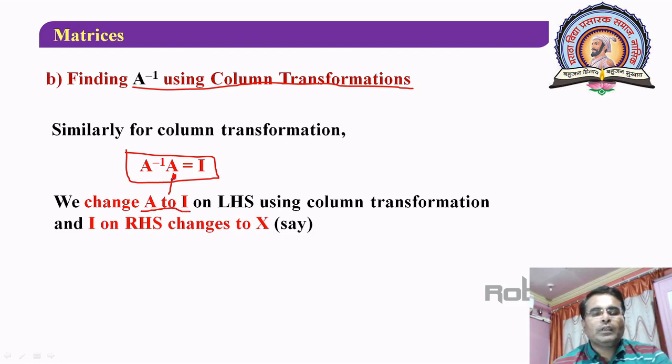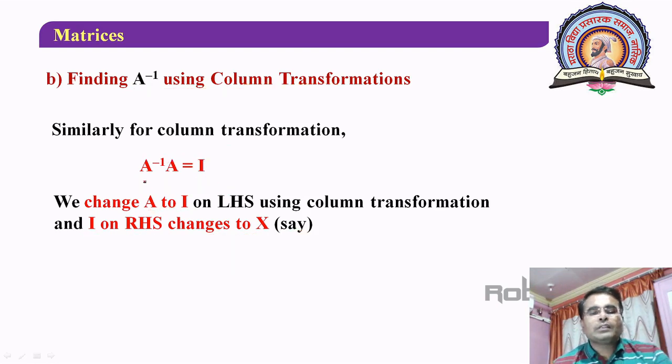Change this A on left hand side to the identity matrix using column transformations, because this is a post factor, and on a post factor we can use column transformation. And at the same time, for balancing of the equation, same transformations must be applied on right hand side. Due to that, this matrix I on right hand side will change to some other matrix, say X, and that X on right hand side which is converting, that is nothing but our required inverse of a matrix.